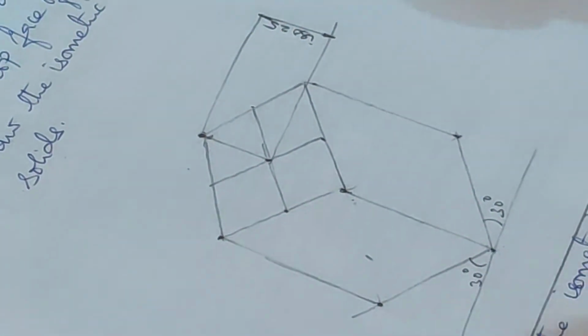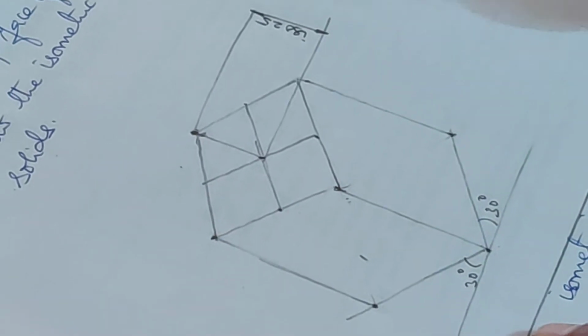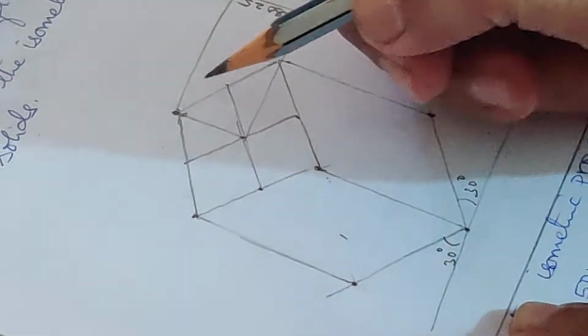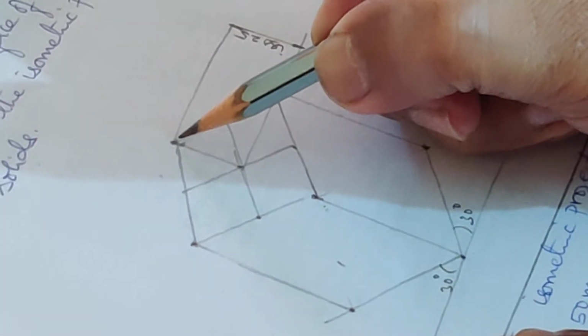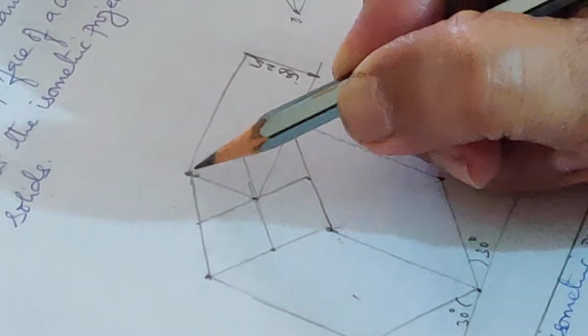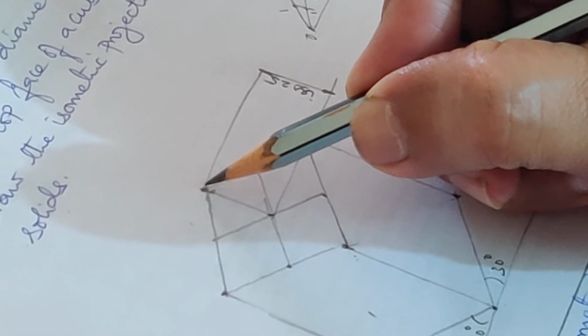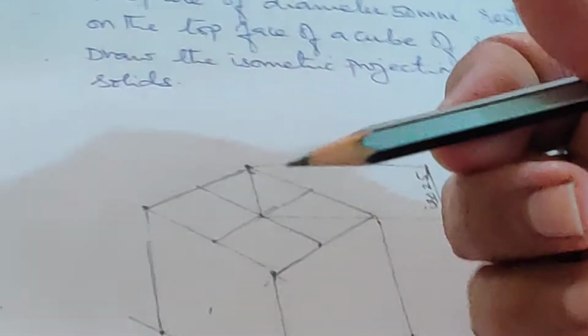Now you take your compass. Take actual 25 as radius. I repeat again. Take this point as center. The center you have obtained by taking this distance as ISO 25. Now take this as center. Take actual 25 as radius.